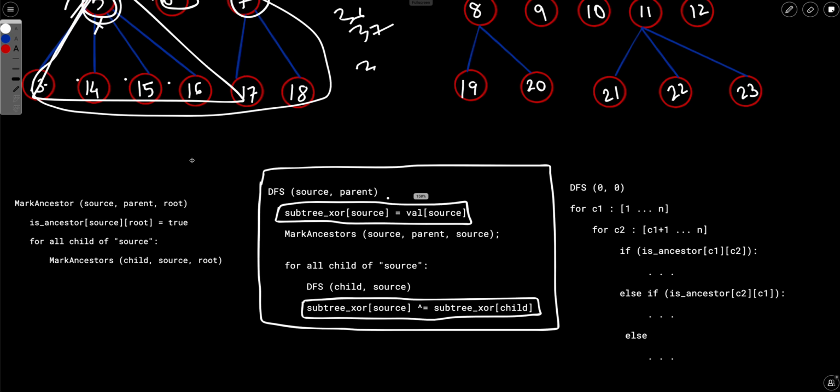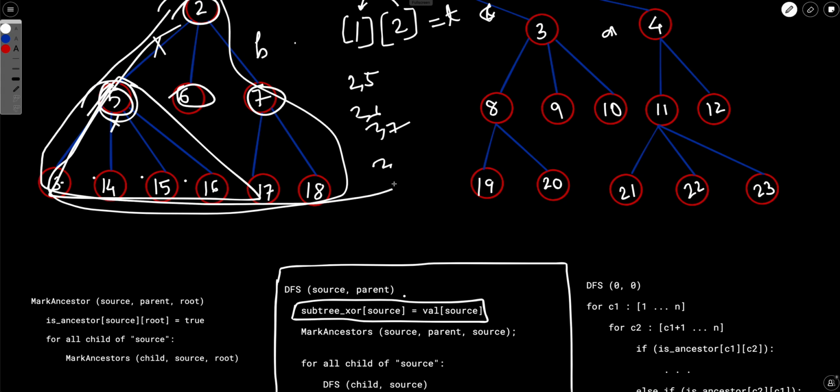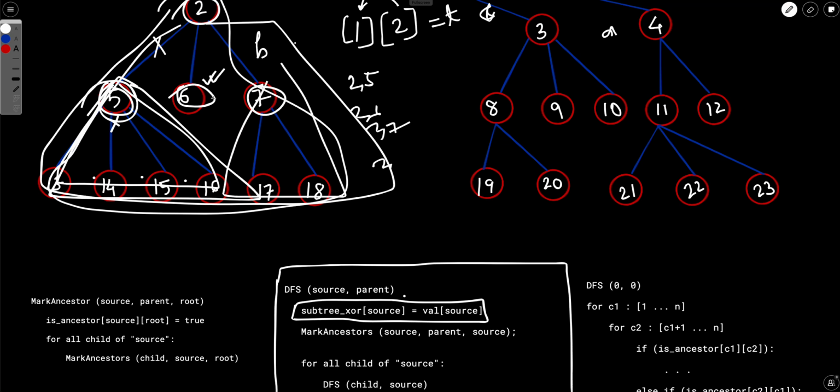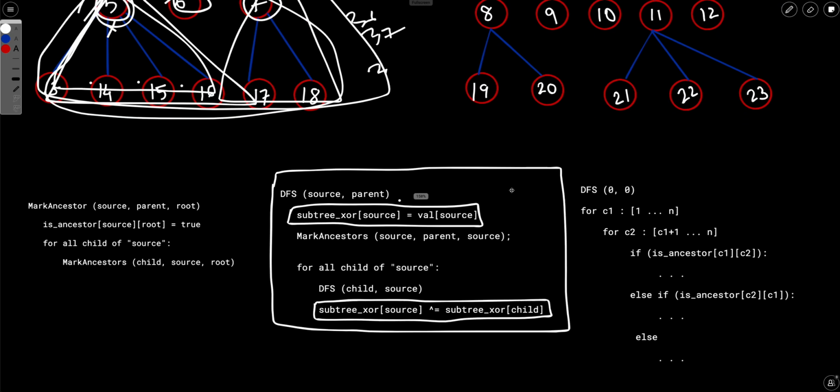So for finding the XOR of this entire piece, we already know the XOR of this piece, this piece, and this piece. So we take the XOR of these three pieces and then just XOR it with the value of 2. We initialize with the value of 2 and then XOR with each of the children. So this is how we get the XOR.